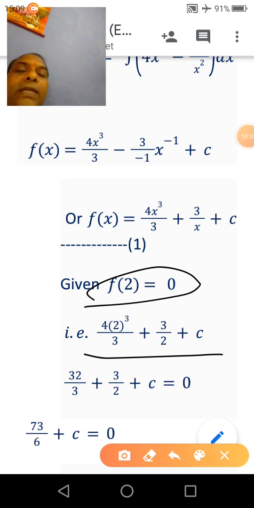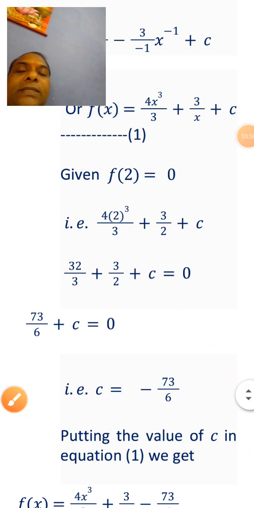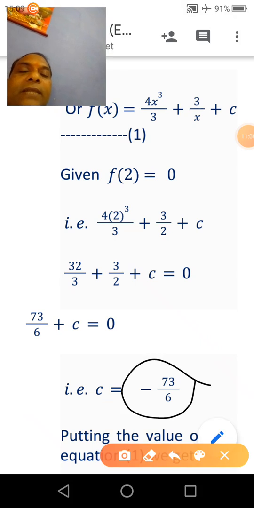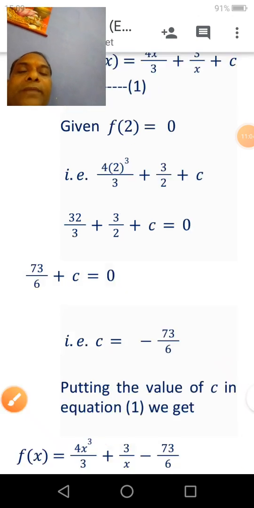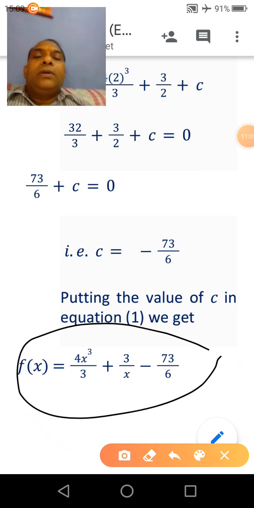So put it equal to 0, then you can find the value of c. The value of c is minus 73 by 6. Put the value in this function, then f(x) will be 4x cube upon 3 plus 3 upon x minus 73 by 6.